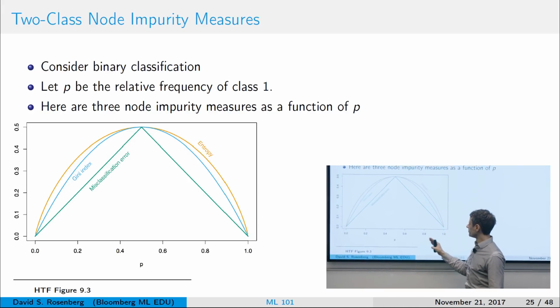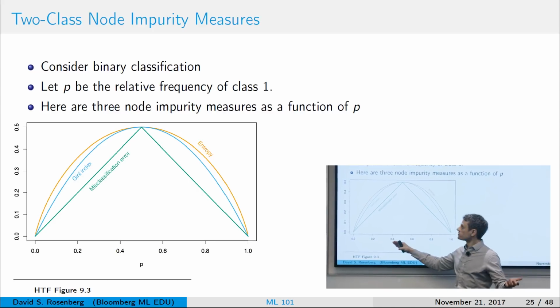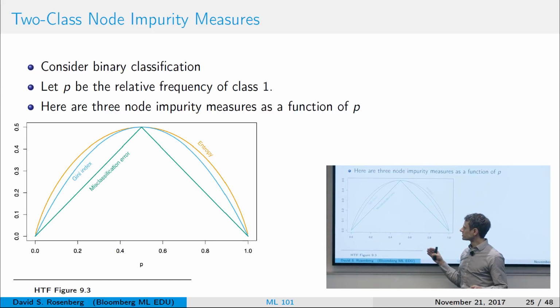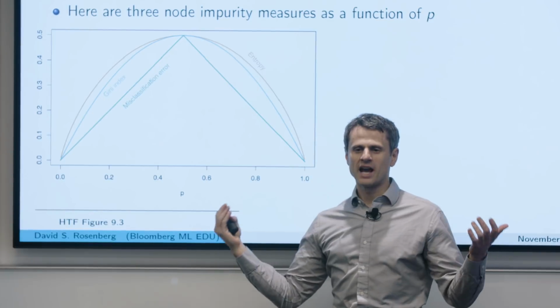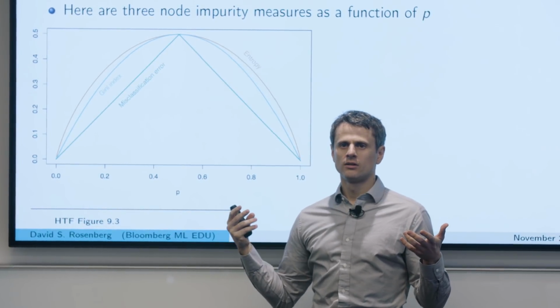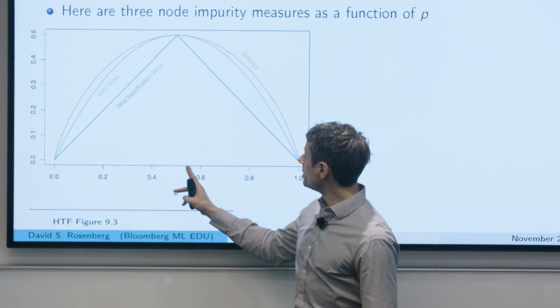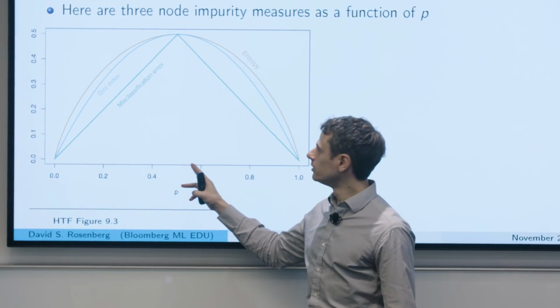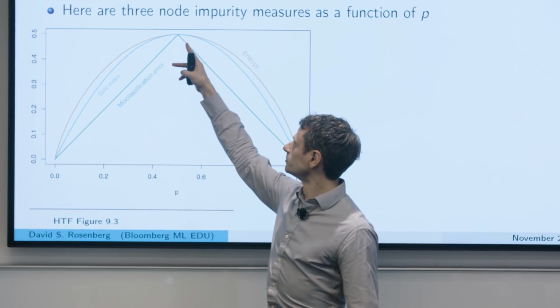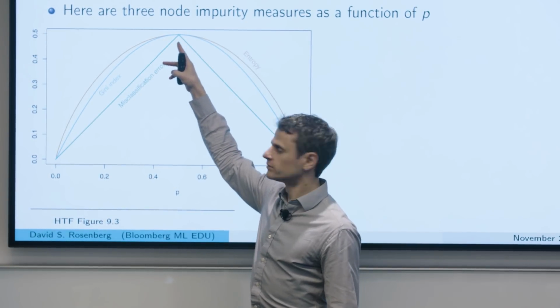So as a function of p, the relative proportion of, say, class 1, what's the measure of purity of that node? In the middle, where it's 50-50 in the node, we have the highest impurity.